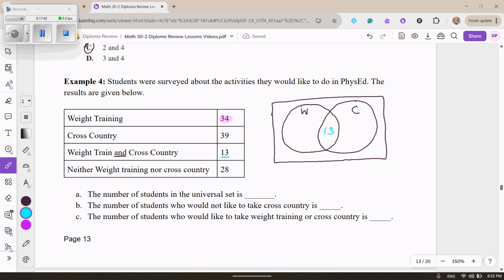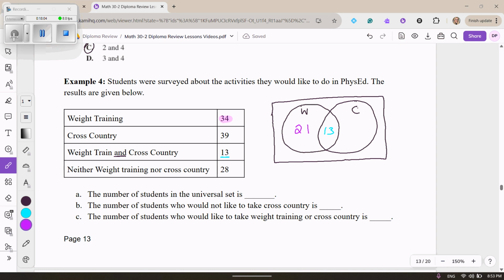Now that 34 we were talking about, we can take 34 and subtract that 13, which is 21, to give us our weight training. Now notice that everything inside my W circle adds to 34.